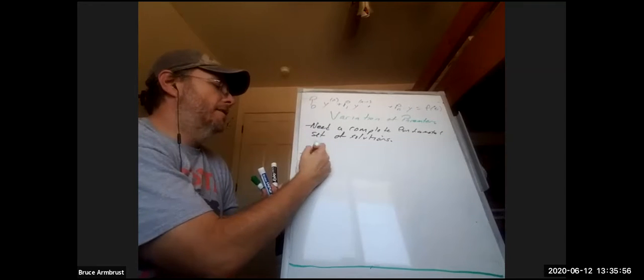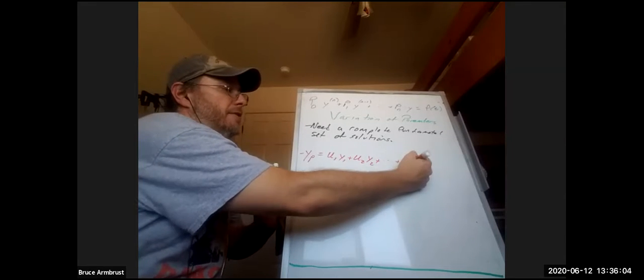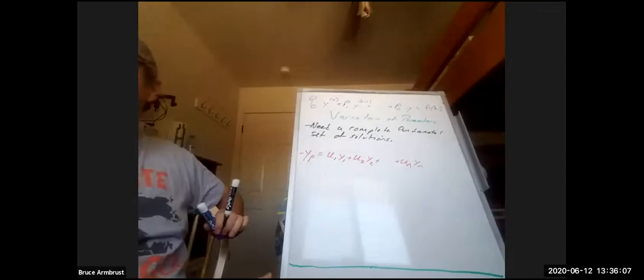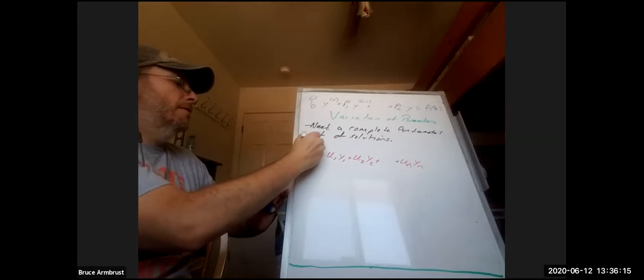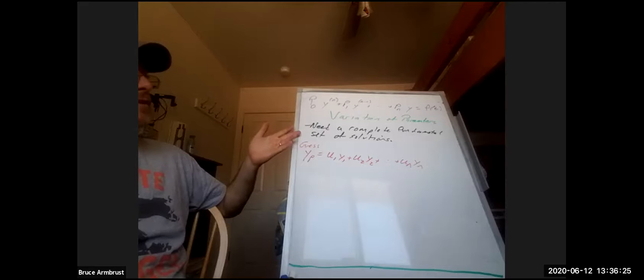So we basically said we're looking for a yp that takes on the form u1 y1 plus u2 y2 plus, now we're going to have to extend this all the way to un yn. The reason that we could do this is we know that every solution is going to have to be formed from this fundamental set, because the fundamental set is a basis, using linear algebra terminology.